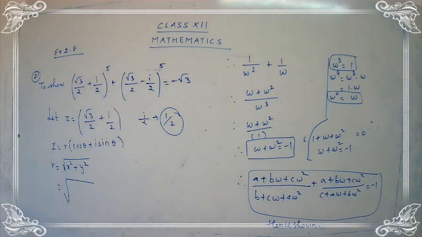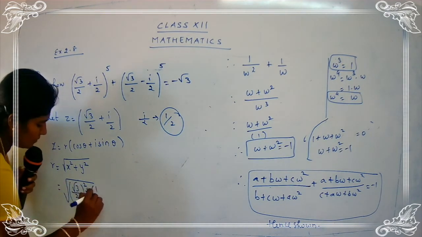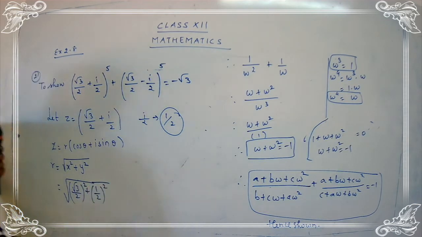You have to take x as root 3 by 2 and y as 1 by 2. So square them and add them and get the answer. So what you get here is root 3 by 2 the whole square plus 1 by 2 the whole square. Okay, children?